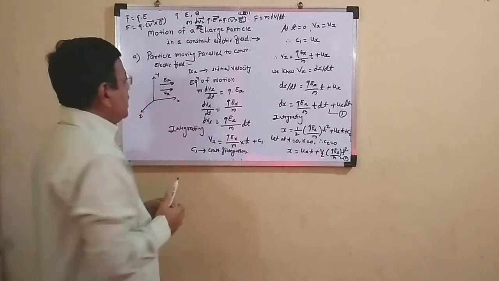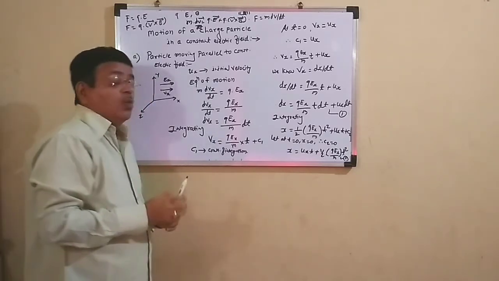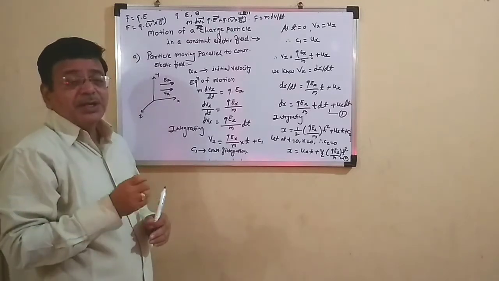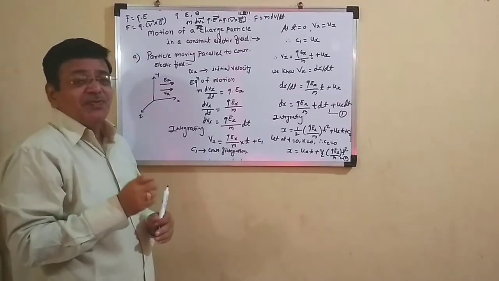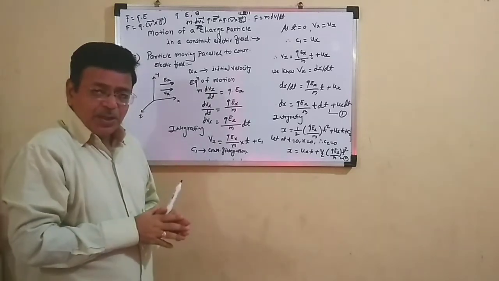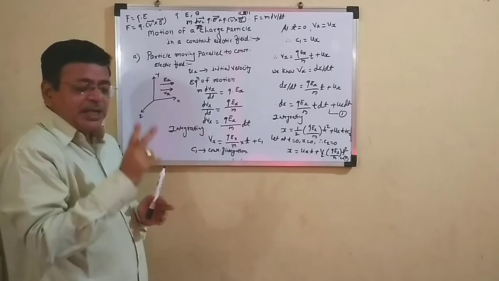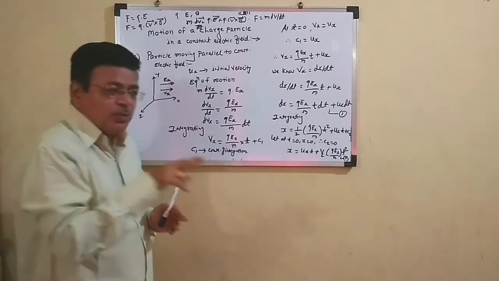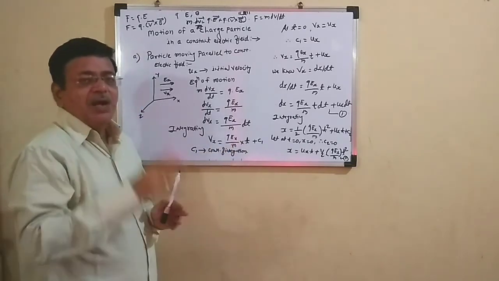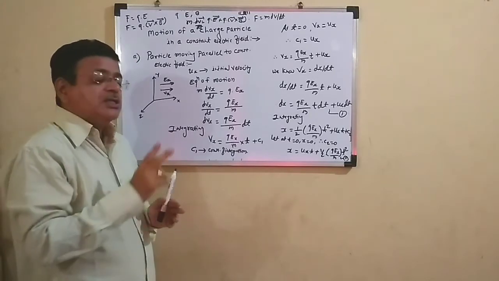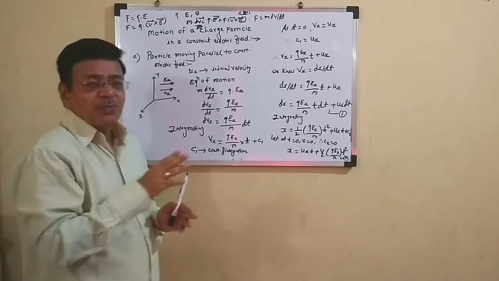Now we are interested in finding out what happens when the charged particle is only under the influence of an electric field. Here we have to consider two conditions: when the electric field is parallel to the motion of the charged particle, and when the electric field is perpendicular to the motion of the charged particle.